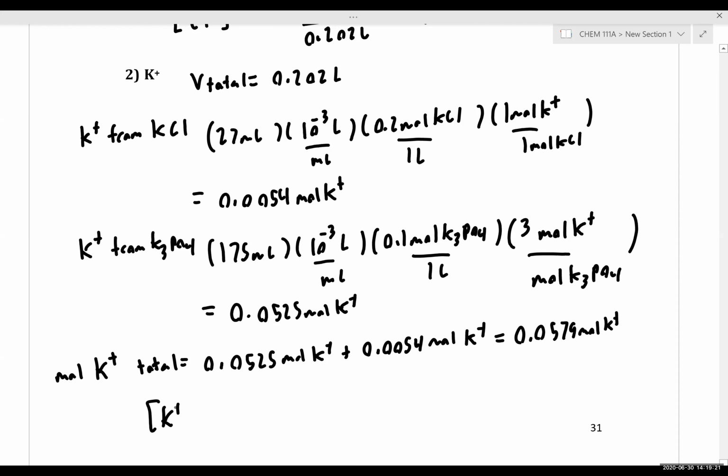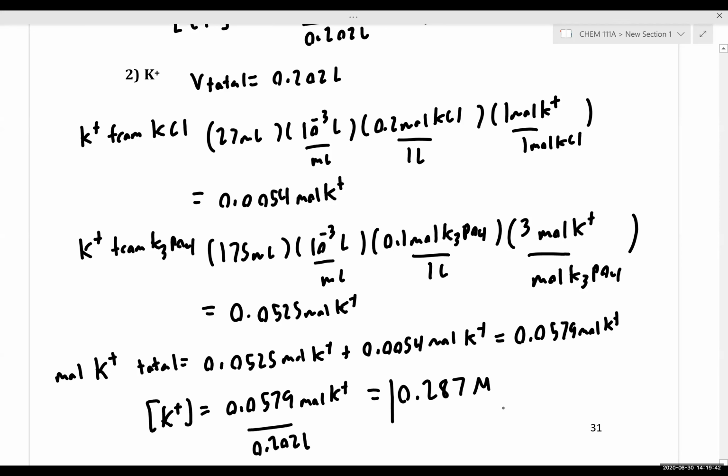So then our concentration of potassium is equal to our total moles over our total volume of 0.202 liters. And that in turn gives us a final molarity of potassium of 0.287 molar.